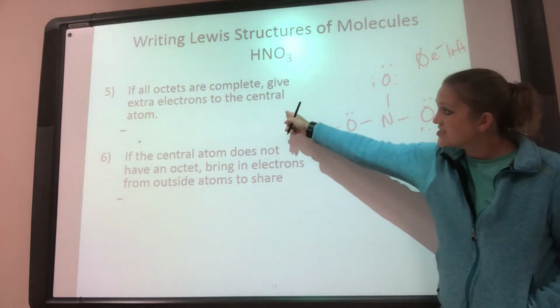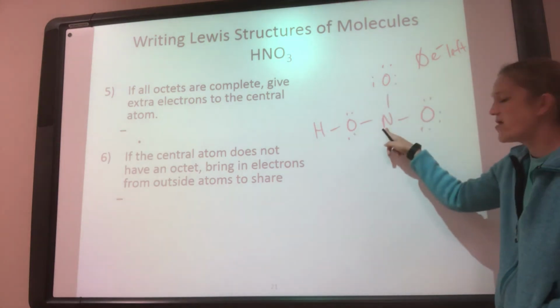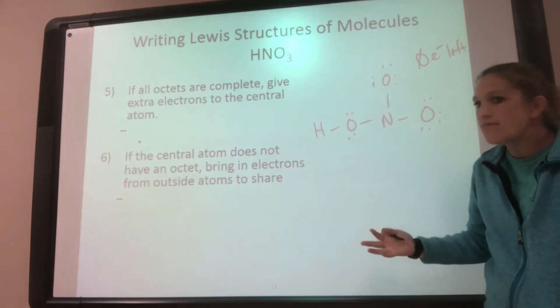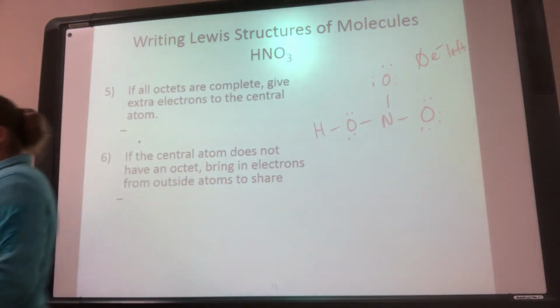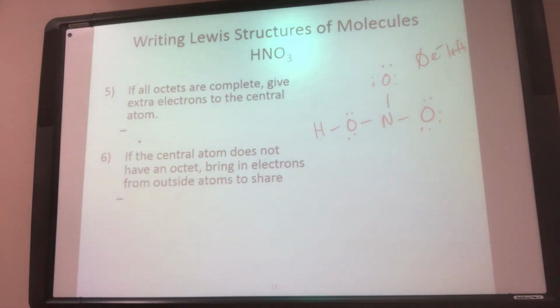Step 5 would say just put them on there, but I can't do step 5 because I don't have any. That's where step 5 comes into play: extra electrons go to the central atom. This is also where we might do some expanded octets if I have extra electrons.